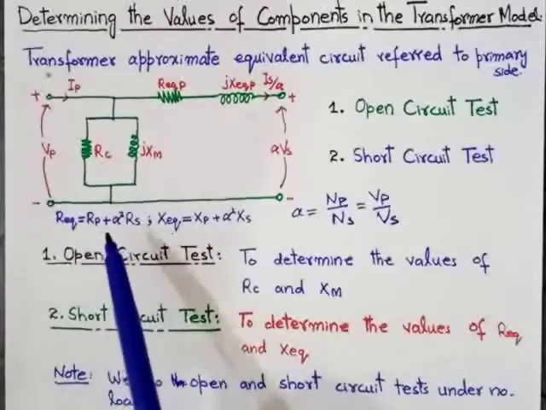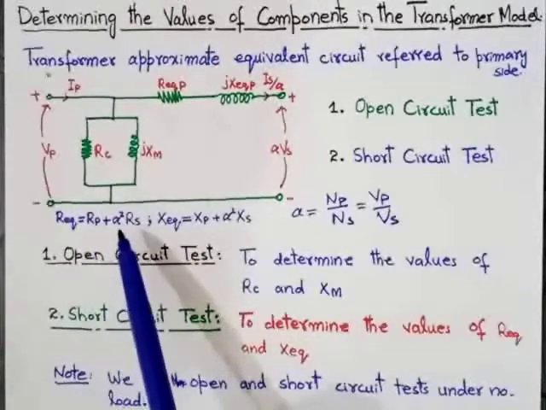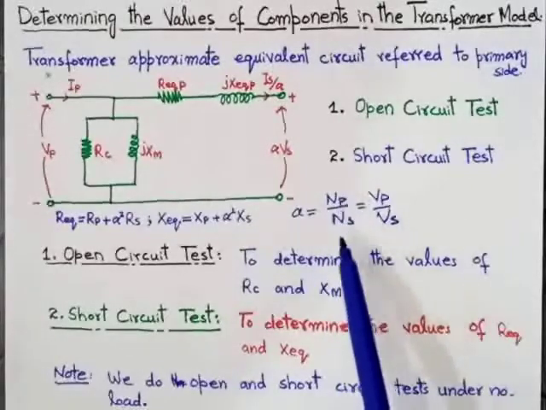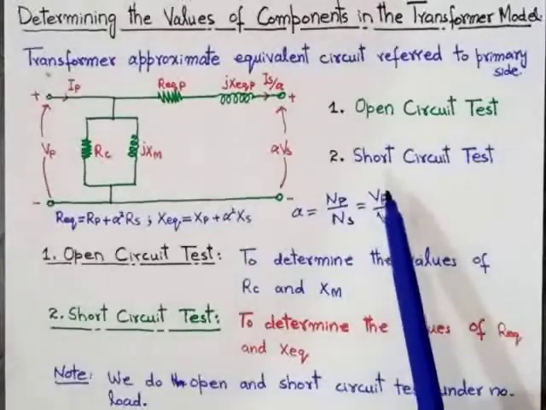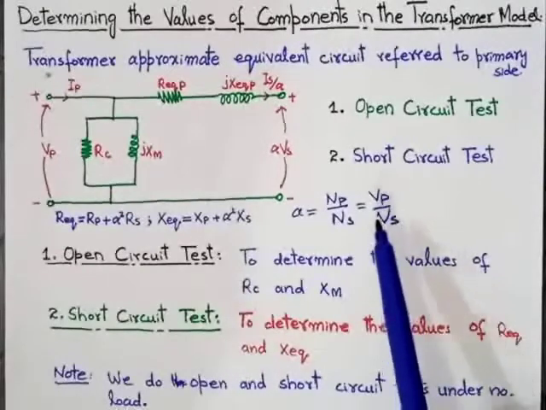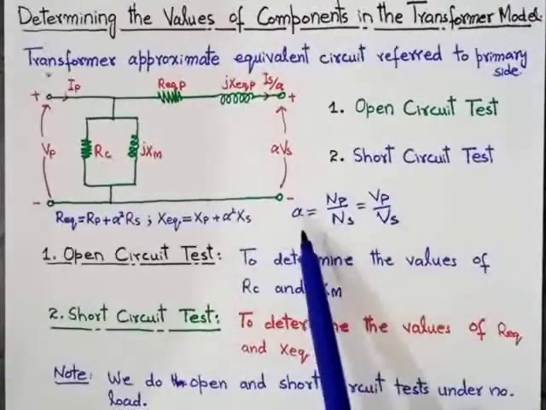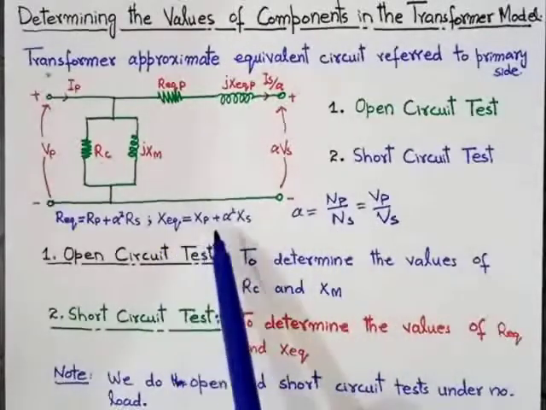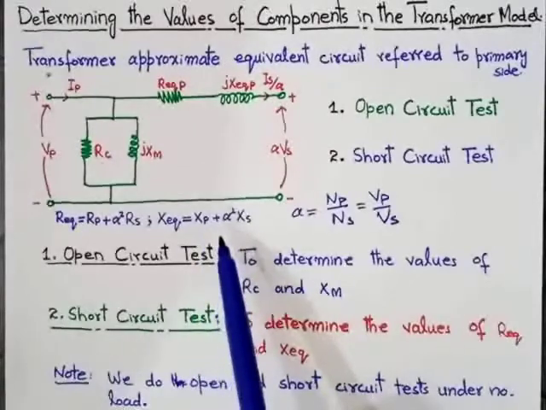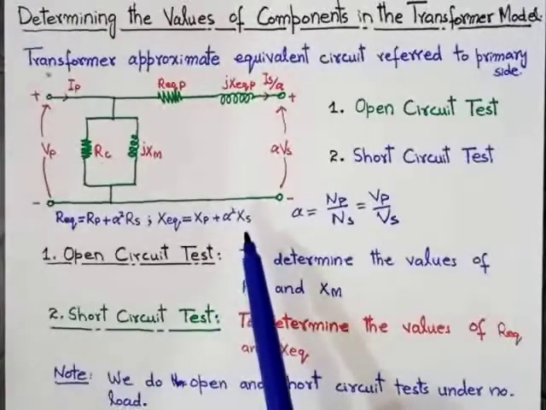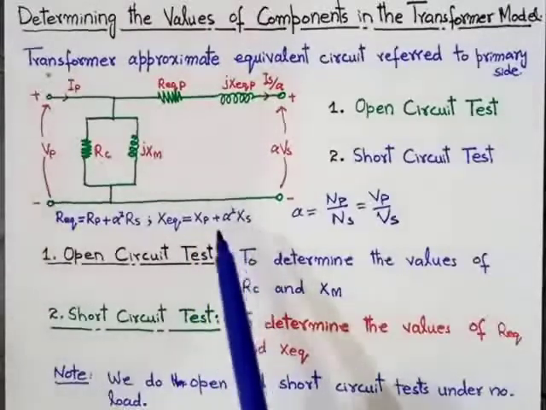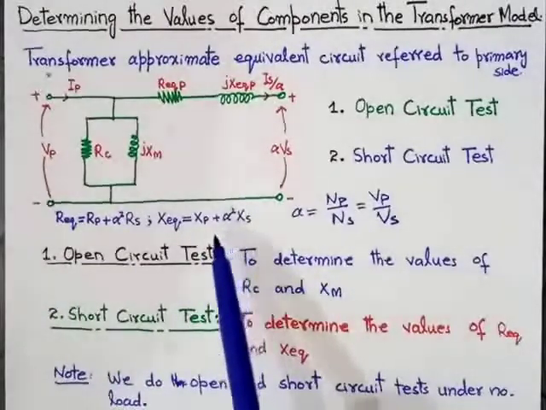We can determine the value of the turn ratio by using this relation. As we know, A is equal to Np over Ns, which is equal to Vp over Vs. By using these relations, we can determine the value of A. And X equivalent is equal to Xp plus A squared into Xs, where Xp is the primary leakage reactance and Xs is the secondary leakage reactance, and A is the turn ratio.